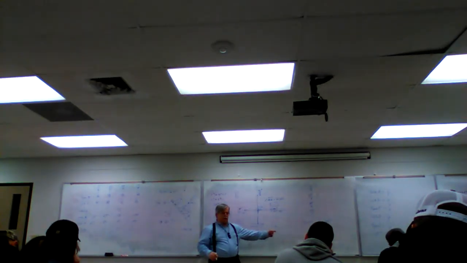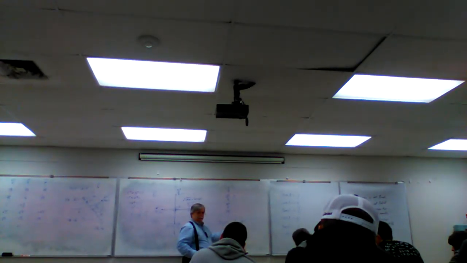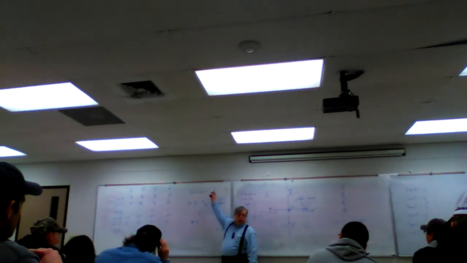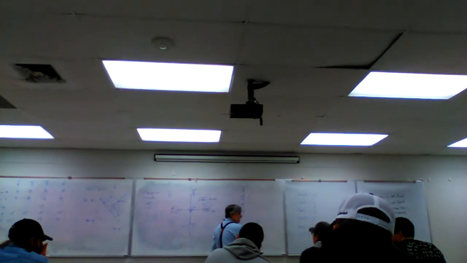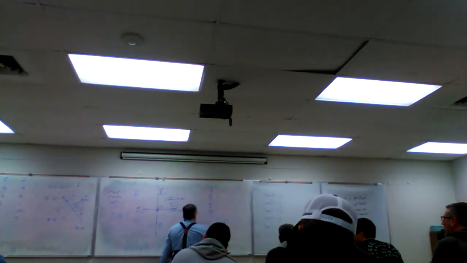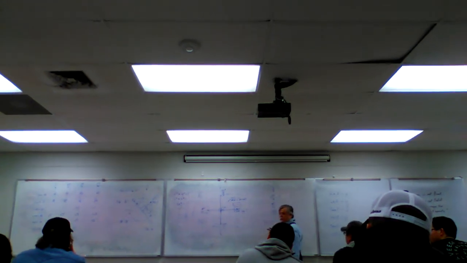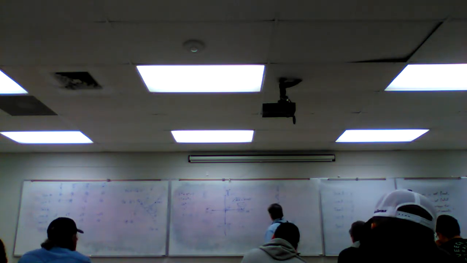Just without using a calculator, without rounding, what's the sine of 45 degrees? 45 degrees is pi over 4. 45 is half of 90, so half of pi over 2 is pi over 4. The sine of pi over 4, the sine of 45 degrees, is one over the square root of 2.